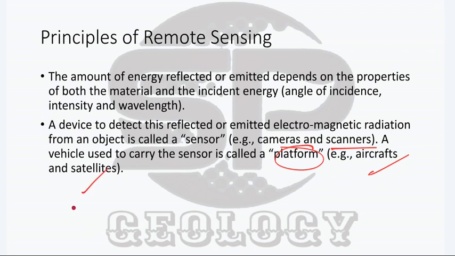Satellites carry nothing but a very big camera, the aperture is very big. These remote sensing images are nothing but photos, not simple photos, digital photos with a lot of information that can be extracted by you.